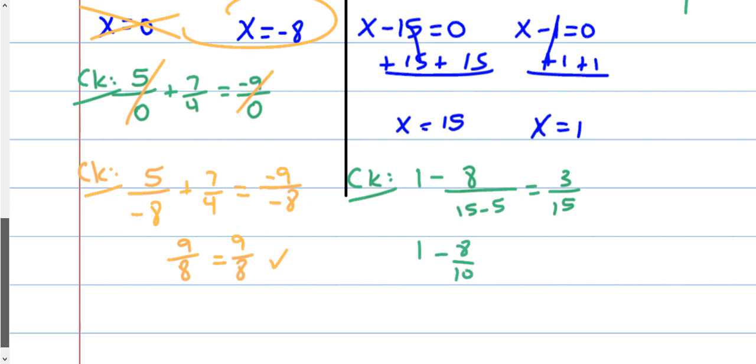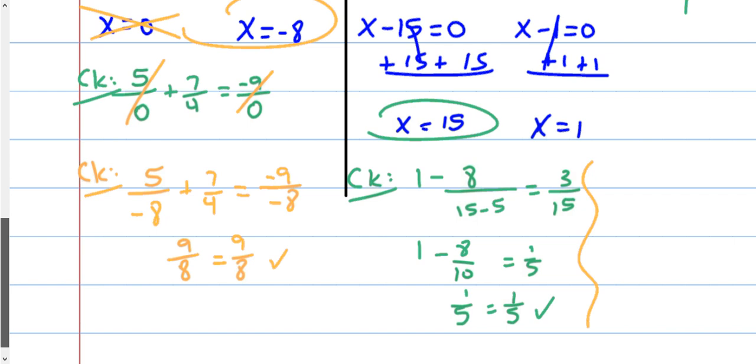And if I go ahead and subtract 1 minus 8 over 10, that is going to give me 1/5. Well, if I simplify 3 over 15, that also gives me 1/5. So that checks out. So x equals 15 is a good answer.